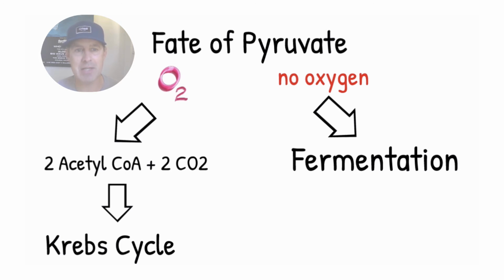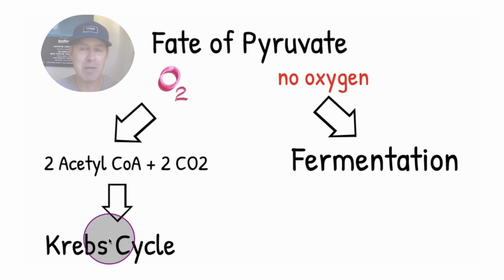So in this slide, as you can see, I have 2 acetyl coenzyme A and 2 carbon dioxide, and that's because we will have 2 pyruvate molecules at the end of glycolysis. So the conversion of those two pyruvate molecules to acetyl coenzyme A results in 2 and 2 right here. And pyruvate needs to be converted into acetyl coenzyme A so it can enter the Krebs cycle.